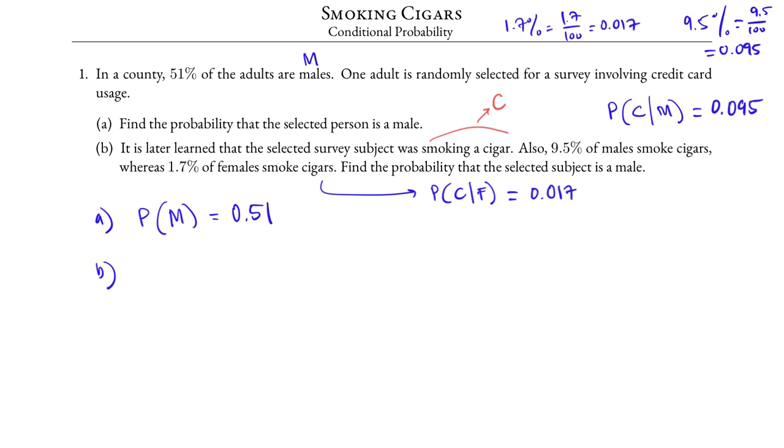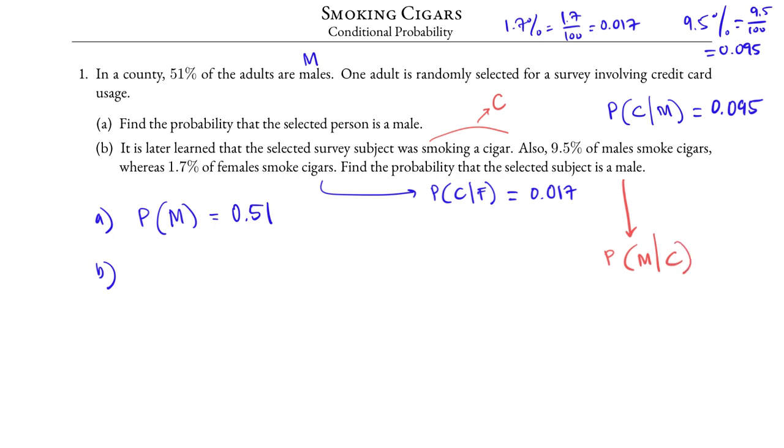Now we can find the probability that the person selected is a male. So we're looking for P of male, given that we know that that person smoked a cigar.